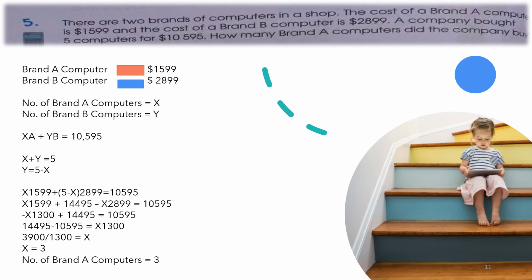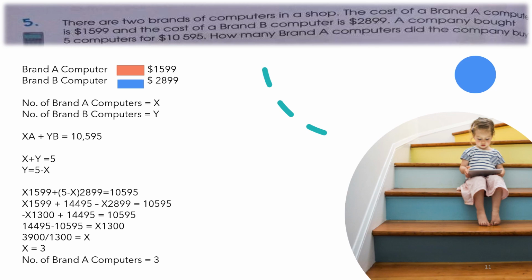We have X, the value of A is 1599, which is the price into quantity, plus Y, which is 5 minus X, and the price is 2899 for the brand B computer, and this is equivalent to 10,595. Now it's very simple maths. We have just multiplied 5 with 2899 and got 14495 minus X times 2899 is equal to 10,595.